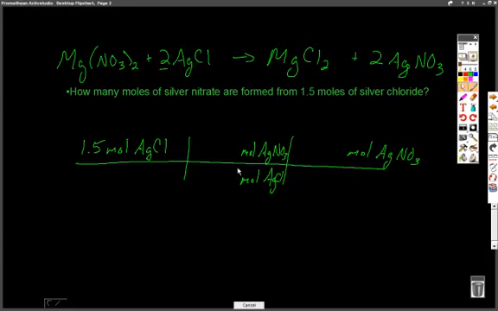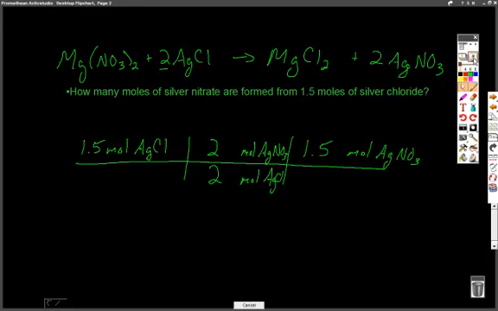So there's a 2 written in front of the AgCl, so that means this is going to be a 2. And there is a 2 written in front of the AgNO3, so that means this is going to be a 2. So it's actually a 1-to-1 ratio. So the moles of AgNO3 is 1.5 moles. And that's how you solve that first problem.